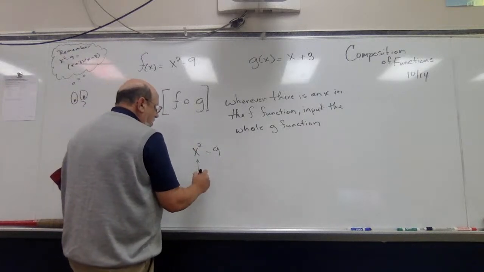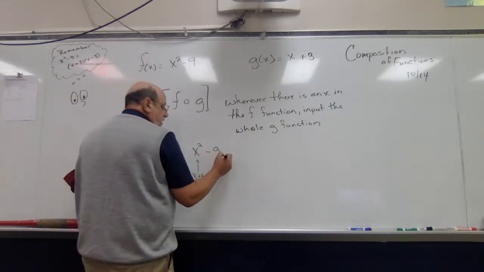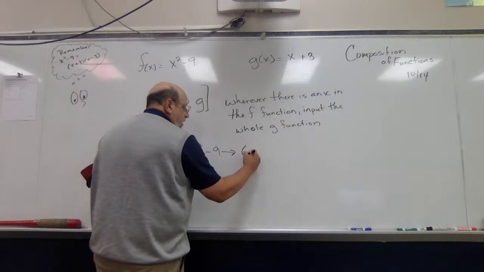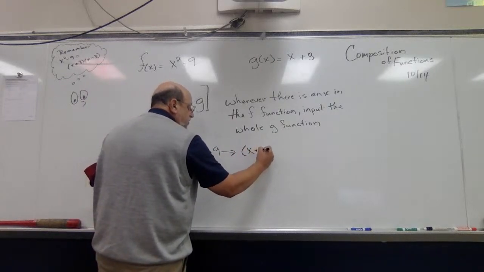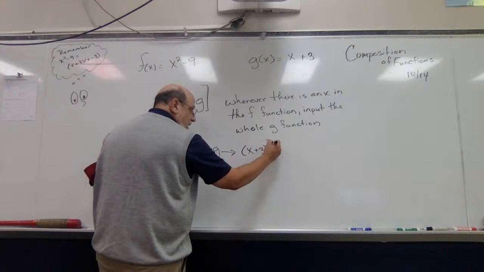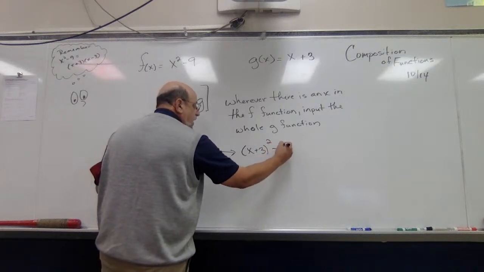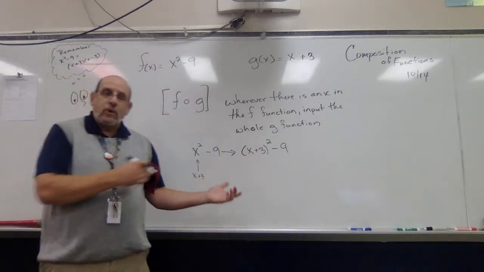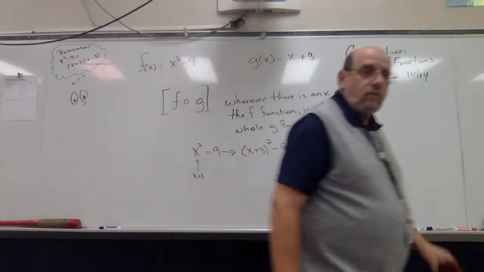So would it still be squared or no? I'll show you what it looks like, which then becomes x plus 3 squared minus 9, because there's no x over here, right? And then all we do is square that and we'll be good, right?